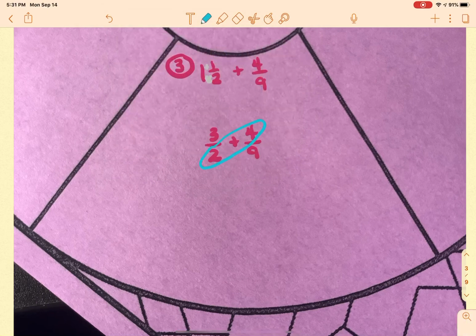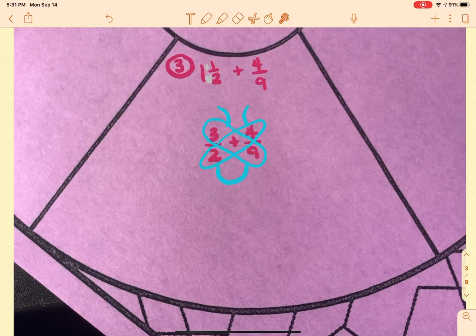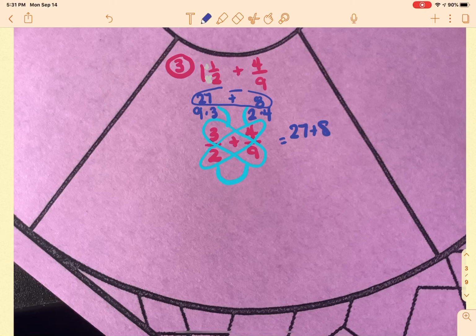Then I'm going to set up my butterfly. So 9 times 3 is 27. 2 times 4 is 8. And I'm going to put those two together to get the top of my fraction. I'm going to put these two together to get the bottom.